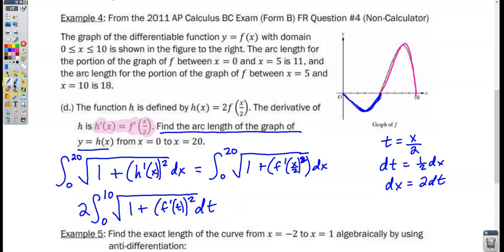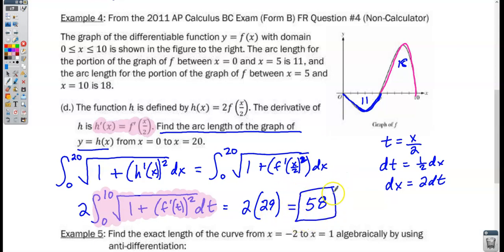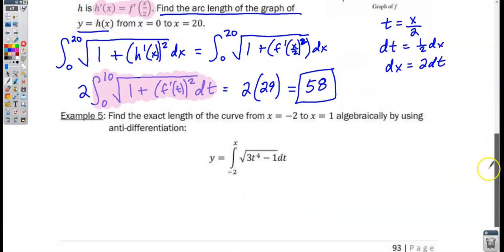And now the beauty part of this is that this formula right here represents the arc length of the function f from 0 to 10, which we know the arc length from 0 to 5 is 11, the arc length from 5 to 10 is 18, and so I can replace that entire thing with 29 for the total arc length, and therefore the arc length of the graph of y equals h of x from 0 to 20 is 58.